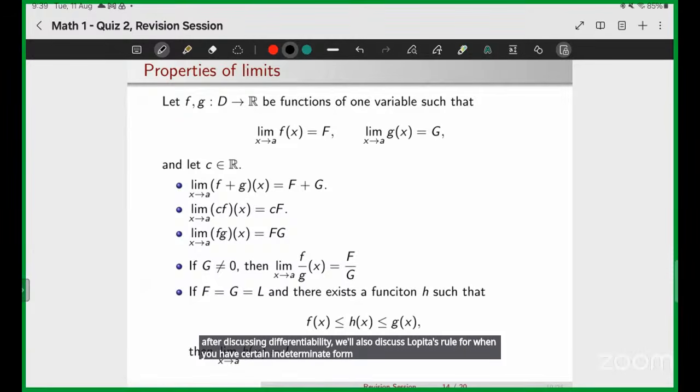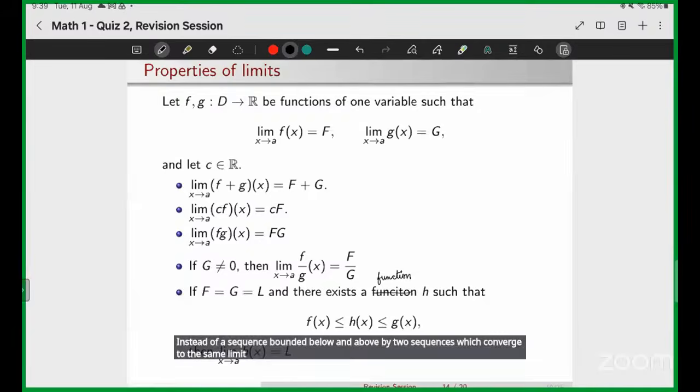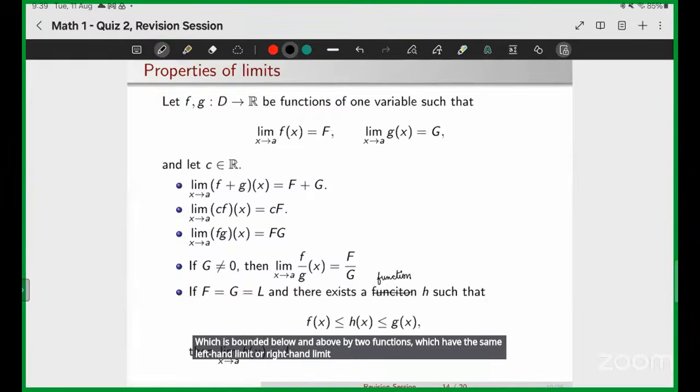Now, over here also you have the squeeze theorem. Instead of a sequence bounded below and above by two sequences which converge to the same limit, over here we have a function which is bounded below and above by two functions which have the same left-hand limit or right-hand limit or the limit.